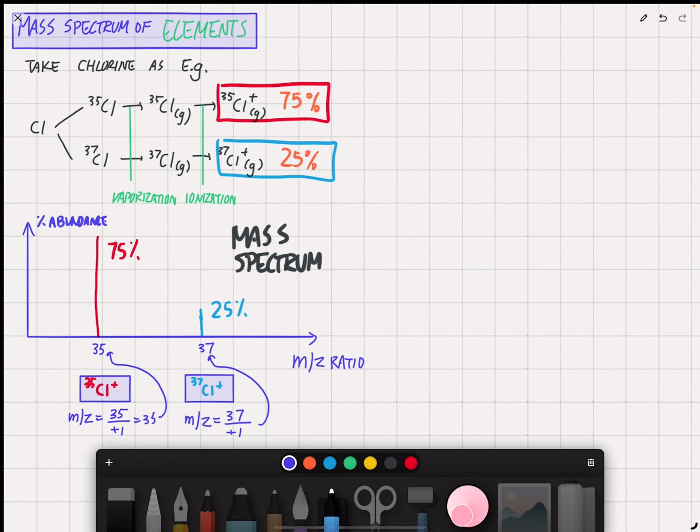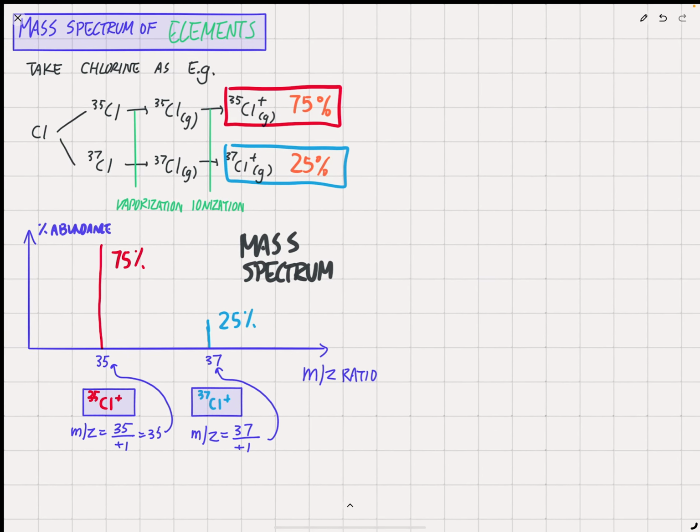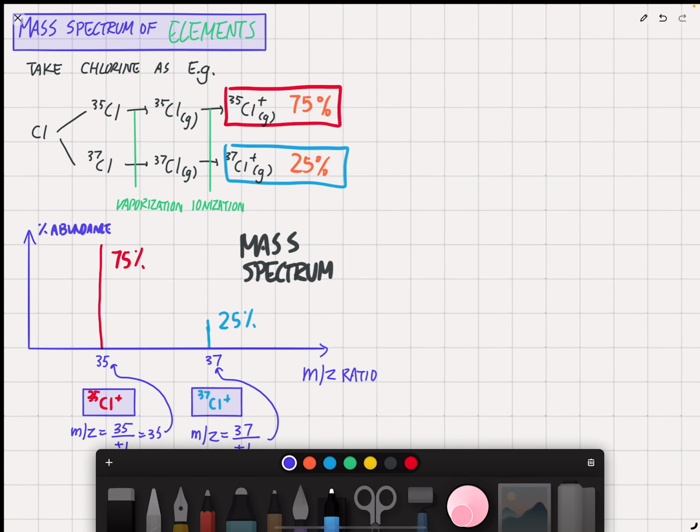With other elements, the mass spectrum will look different. Take bromine as another example. Bromine, like chlorine, also has 2 isotopes, 79Br and 81Br.